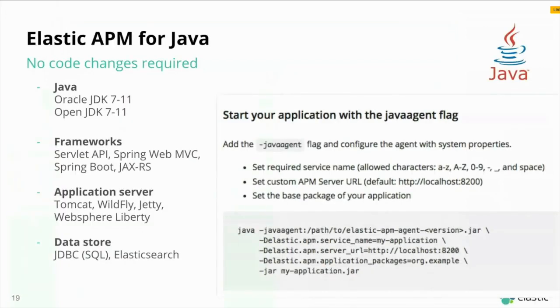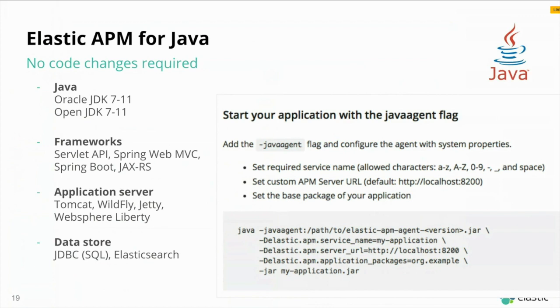For Java, out of the box, we support version 7 to 11. We also support a few frameworks. You see them listed here to the left. Application server and data store is supported out of the box as well. The way you get the agent attached to your application is to use this Java agent flag.